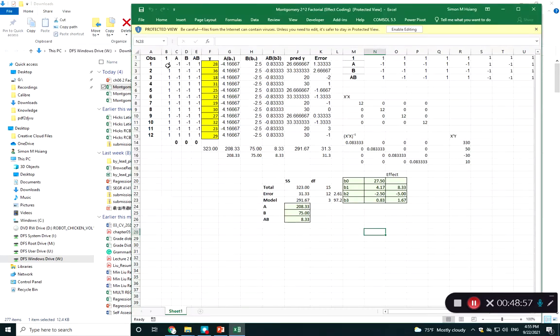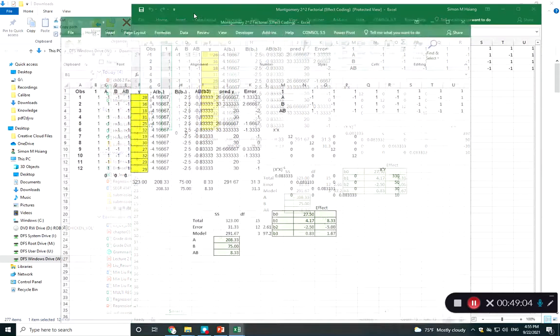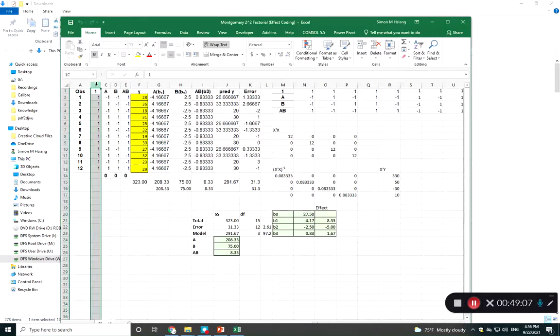Okay, people, 12 observations. So you have one column for your intercept. Agree? And then you'll have 12 observations, high, high, low, low, low, high. And you basically said that, okay, I'm doing it in my first block. I'm doing it in my second block.